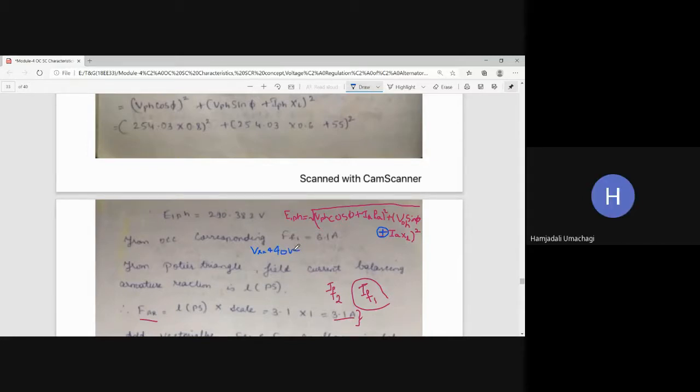Convert this 440 to VPH. VPH is equal to VL by root 3. This will be equal to 440 upon 1.732, the square root of 3. That is equal to how much?